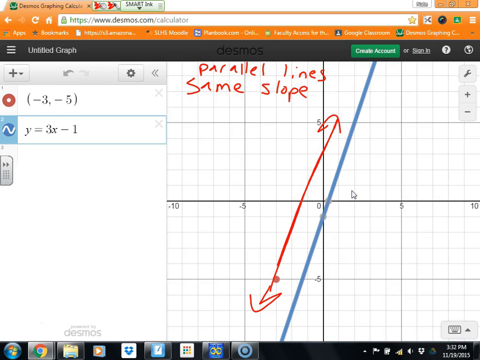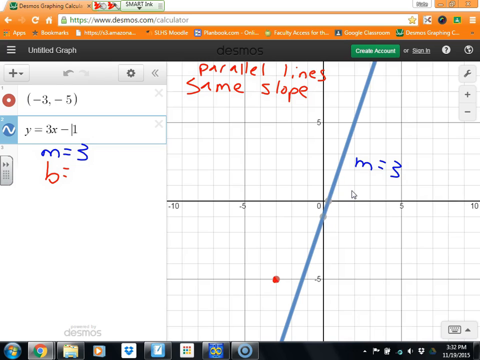So the slope of the blue line is 3. I know the line that I'm looking for should have a slope of 3 also. Now I also need to find the y-intercept. I can find the y-intercept on the graph if I know that my line has a slope of 3. So let's find the exact line instead of just sketching it.